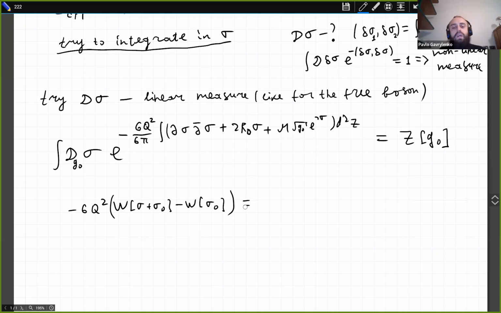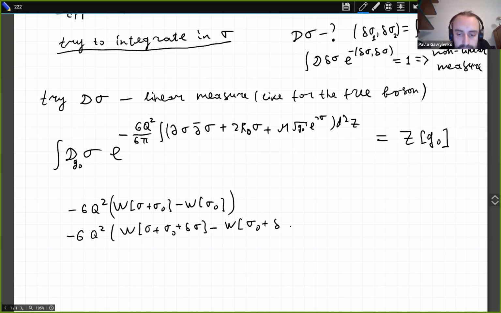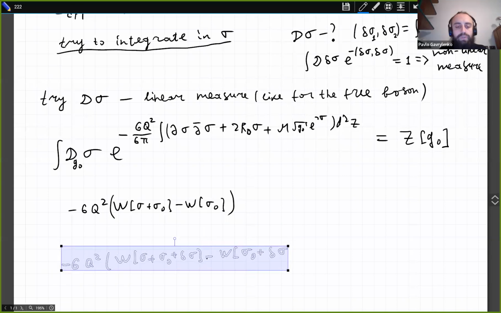So we can say that if we perform the change delta sigma, we should also perform some transformation with our scalar factor.